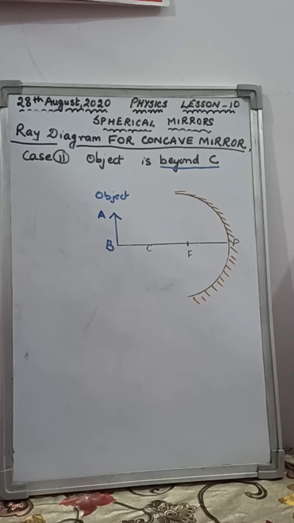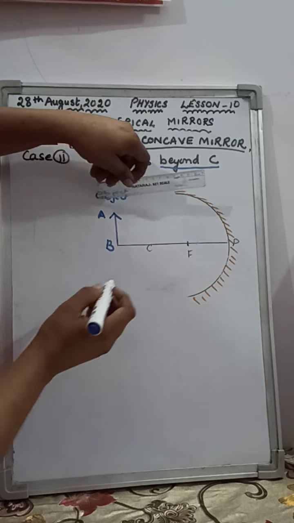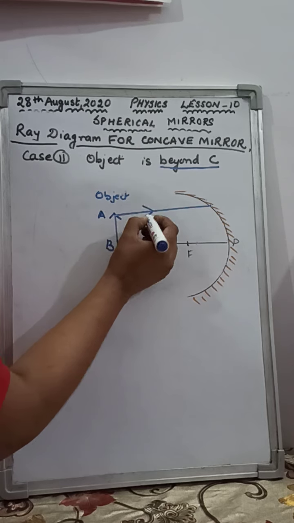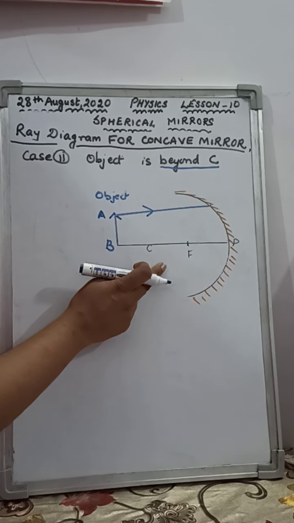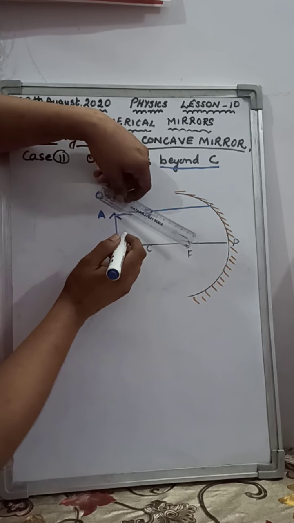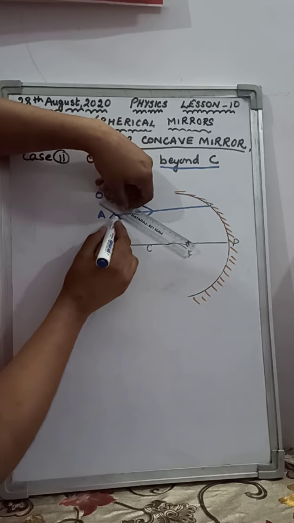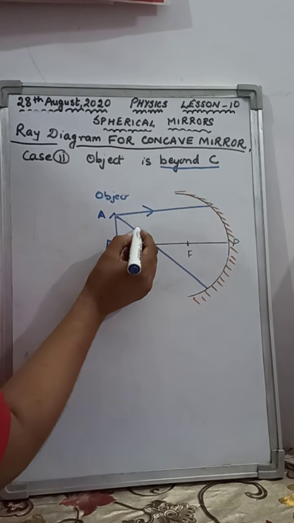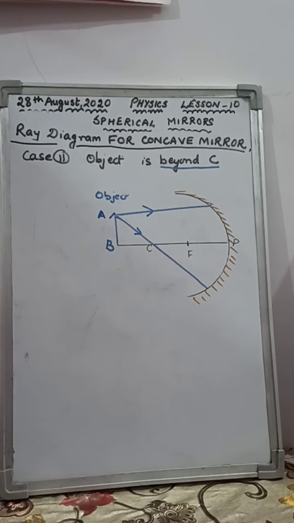Now you know through the object a number of rays are coming. But for the ray diagram, we will take only 2 rays coming from the object. First ray you will take parallel to the principal axis. This is an incident ray. This will be parallel to the principal axis. Second ray you will take through center of curvature. Clear? Second ray will fall on the center of curvature.